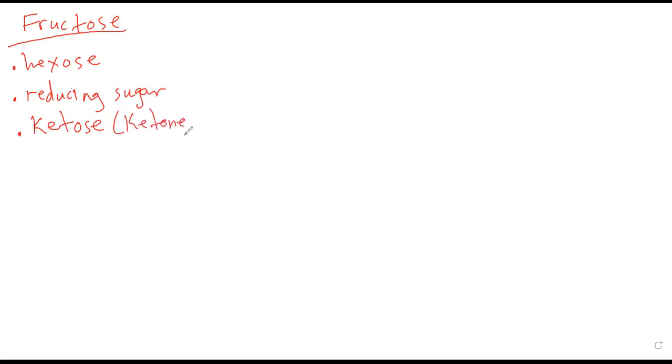All right? So glucose is an aldose sugar, but fructose is a ketose sugar because it contains a ketone group. For this, we're going to draw just the ring structure.